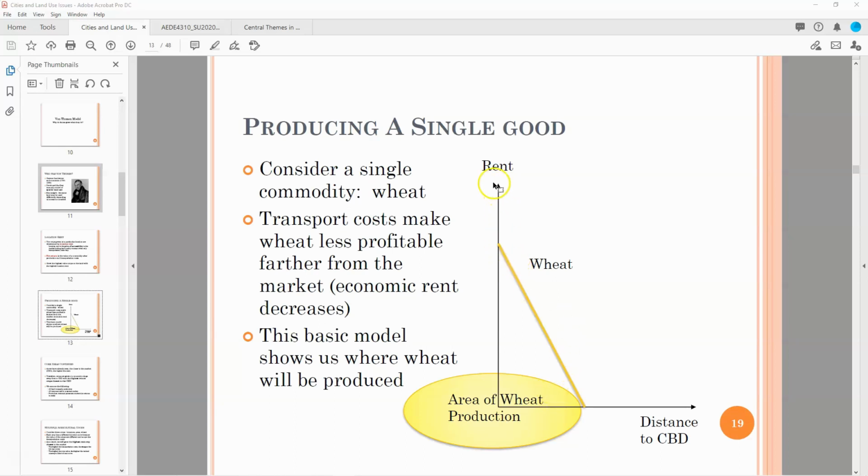The y-axis again represents the economic rent. When closer to the CBD, the difference between revenue and cost is greater, which means the amount that farmers can pay the landowner is also greater. So the economic rent is largest at this point, closest to the CBD.